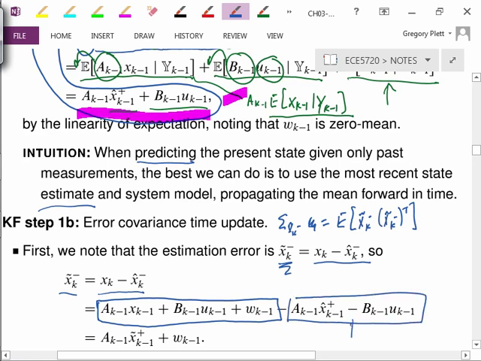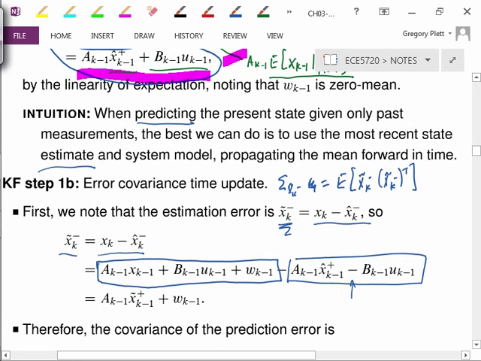Of course, this was a plus, but it's minus here because I'm subtracting it. When I do this subtraction, we have a B times u, and we have a minus B times u, and those cancel each other. And then I have an A times x minus an A times x hat plus. And we remember that x minus x hat plus is what we call x tilde.